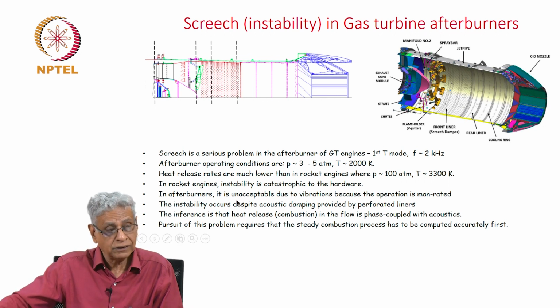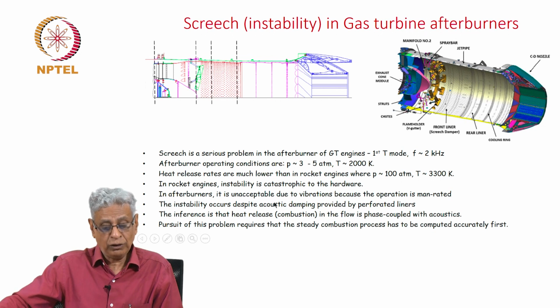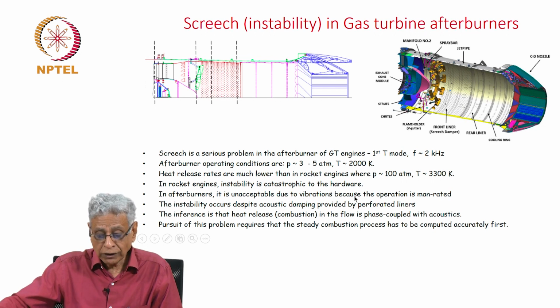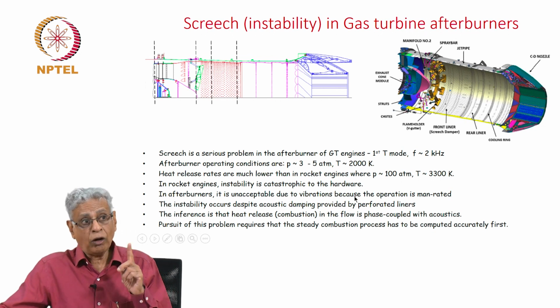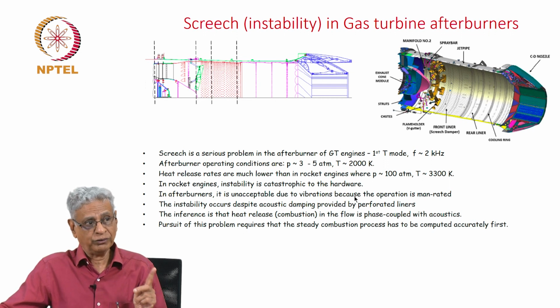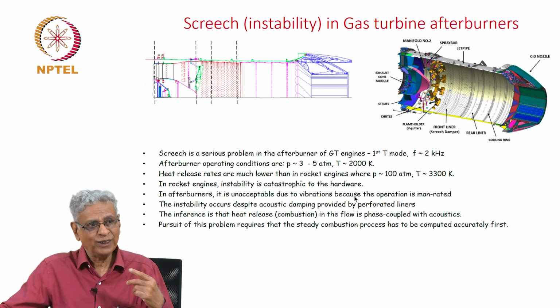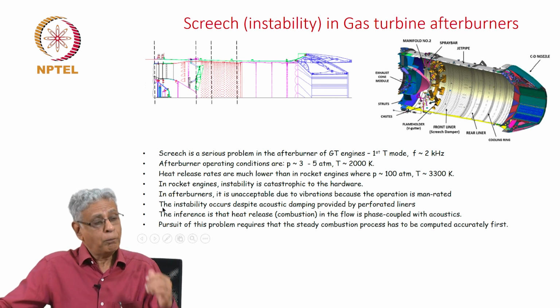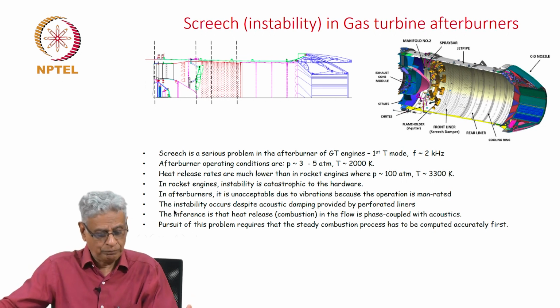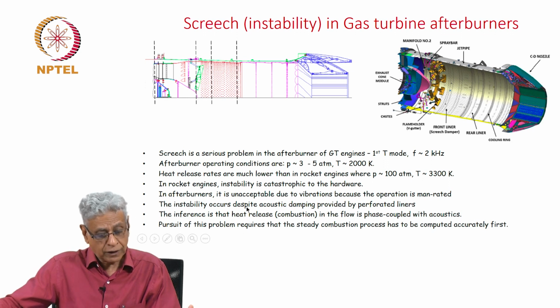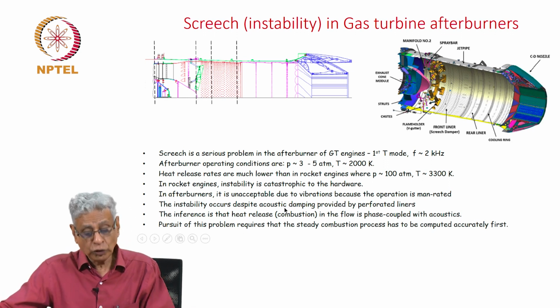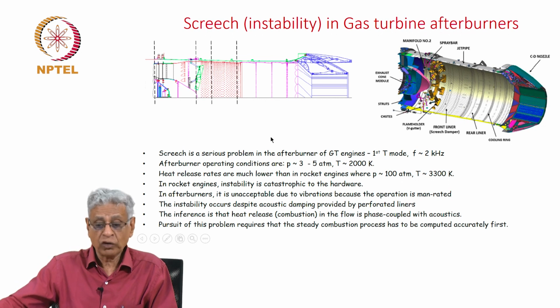In afterburners, it is unacceptable due to the vibration caused, and let us remember it is a man-operated operation. So you can't allow a pilot to get into distressed mode. Therefore, both ways are to be avoided. The instability occurs despite acoustic damping provided by perforated liners.